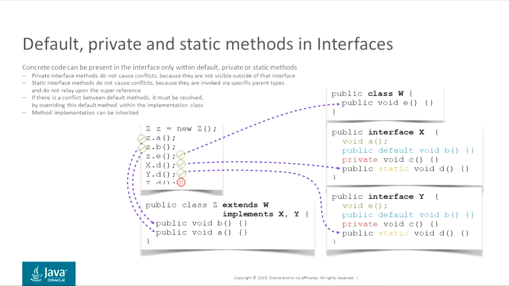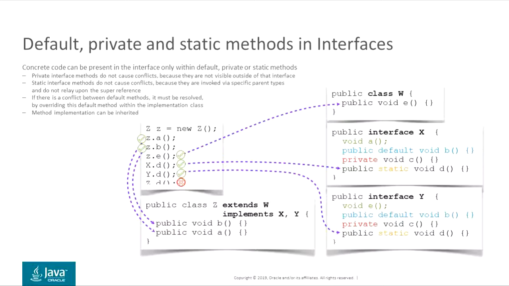Now, we have this class Z, and it happens to extend the class W. Oh gosh, the class W coincidentally has a method E, which is exactly the same as in interface Y. That's why class Z doesn't have to override it, because it has, through inheritance, a concrete implementation of a method that interface Y defines. So that's fine.